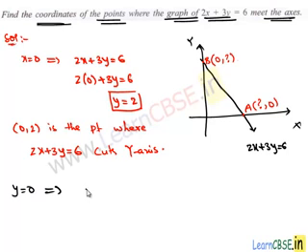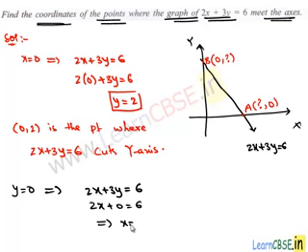And here we have the equation 2x plus 3y is equal to 6. Let's substitute it here. And here we have 2x plus 3 times 0 is equal to 6. That means the value of x is 3.